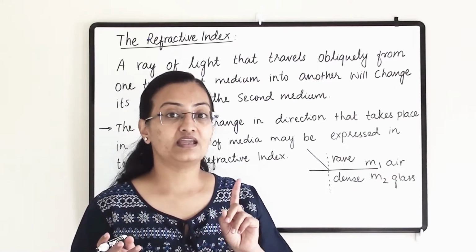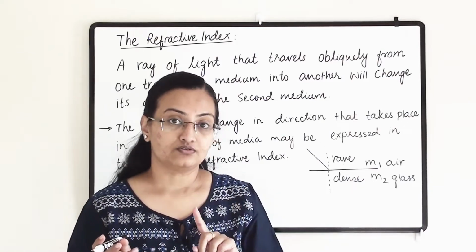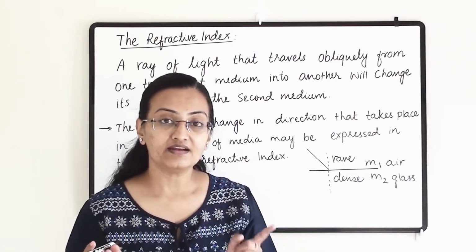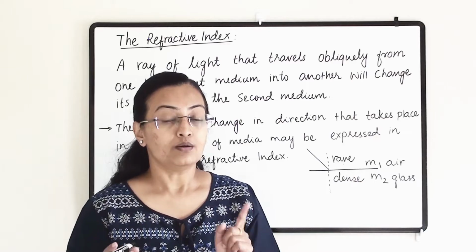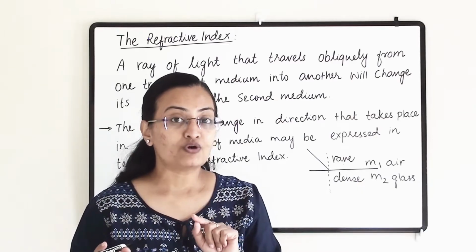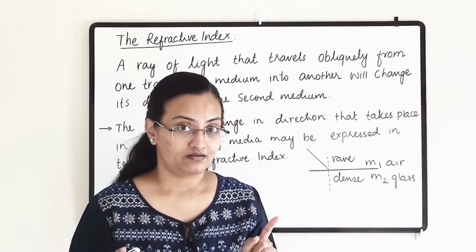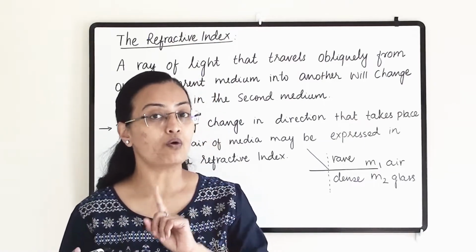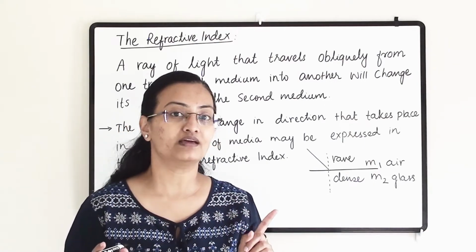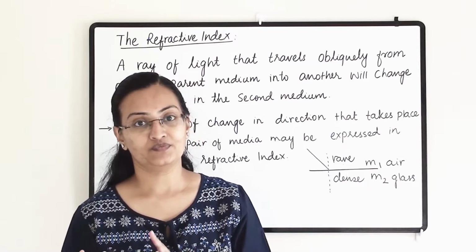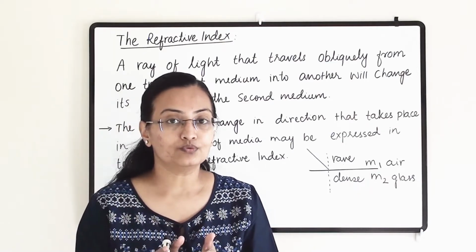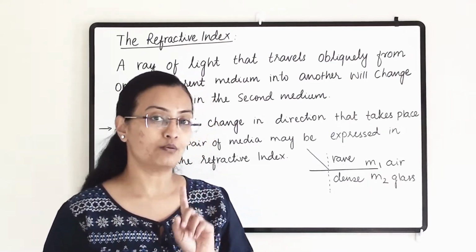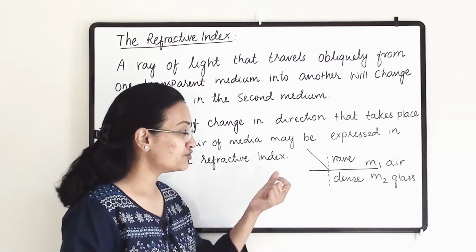When we are taking air and water, water will become denser and air will become rarer. But if we are taking water and oil, then water will become rarer and oil will become denser. So it is always relative, depending on which two media you are comparing and through which two media the light is passing.